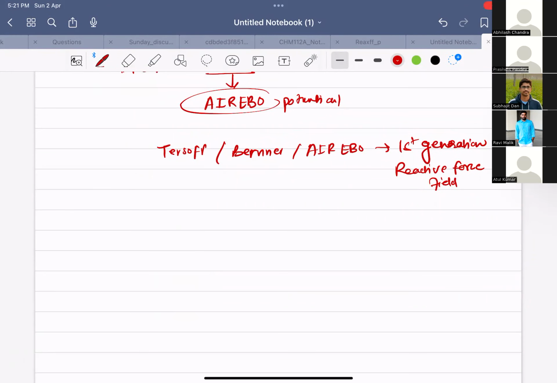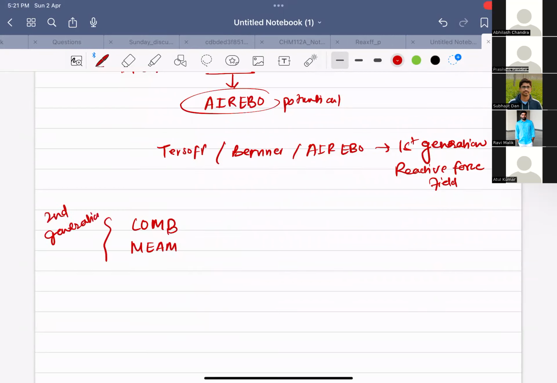Then we have some others, COMB and MEAM potential. These are called the second generation reactive force field.